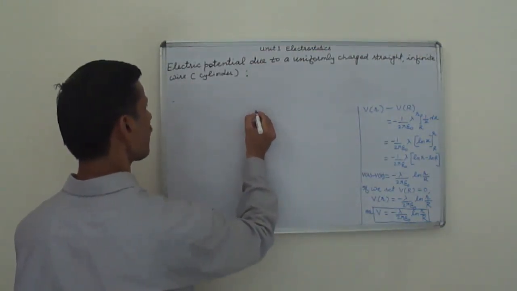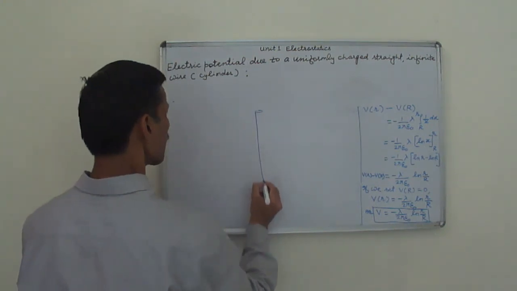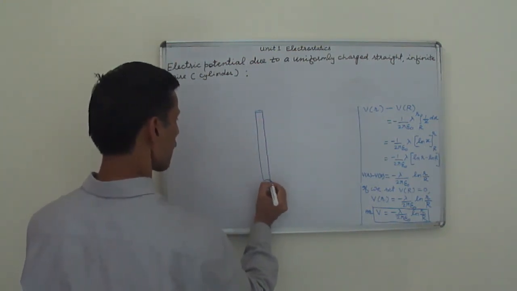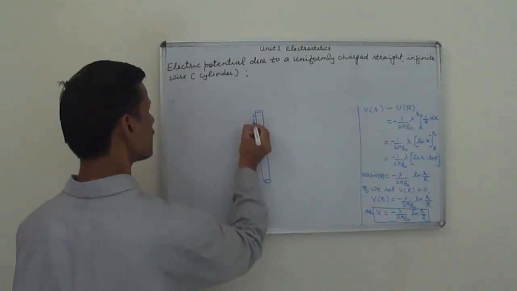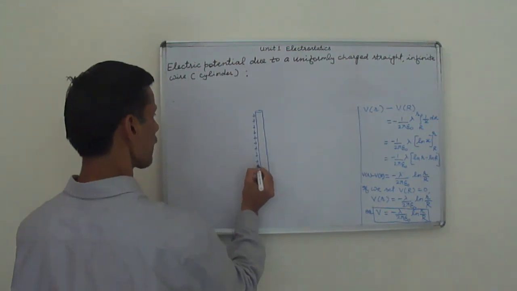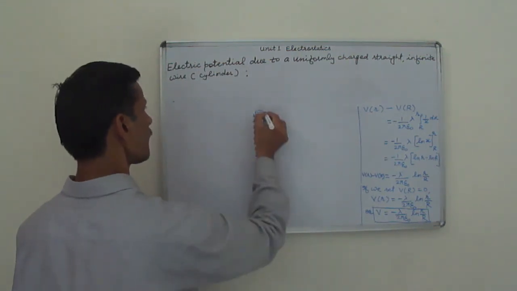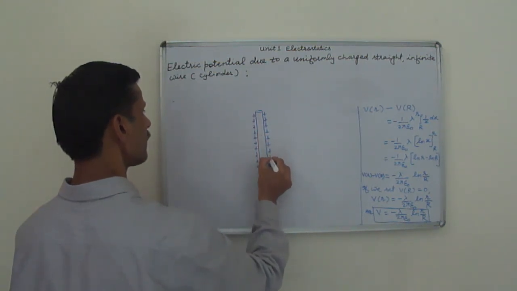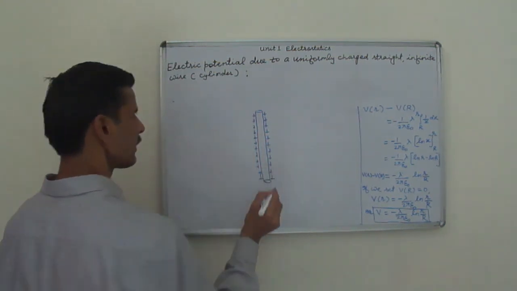So here you can draw equipotentials or equipotential surfaces for this long uniformly charged wire or cylinder.